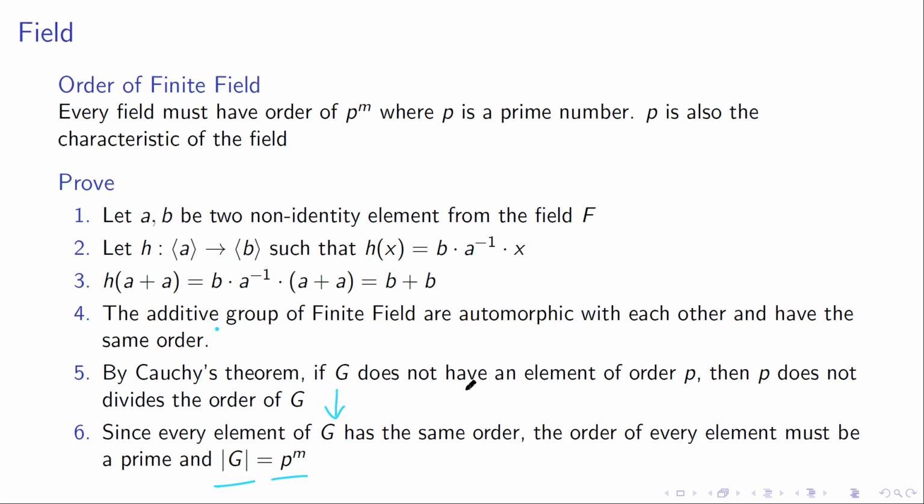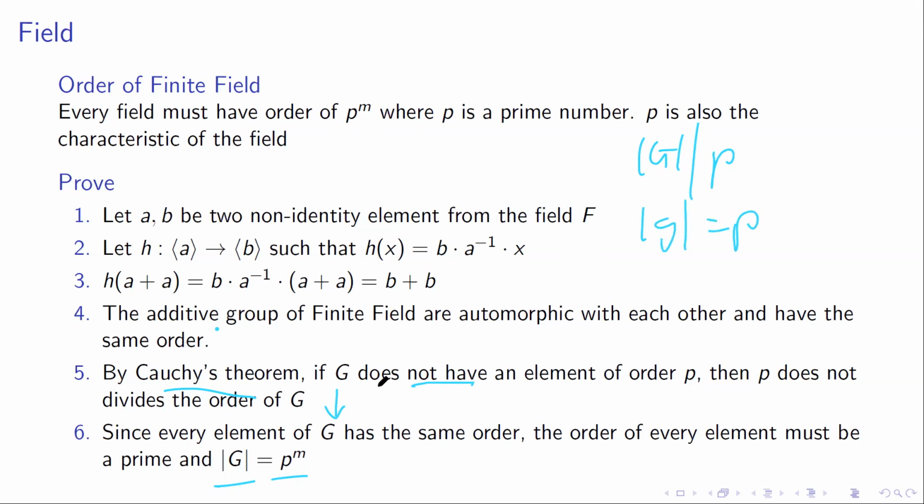By the way, this is the contrapositive version of Cauchy's theorem. Cauchy's theorem initially says that if p divides the order of G, then there must be an element whose order is equal to p.